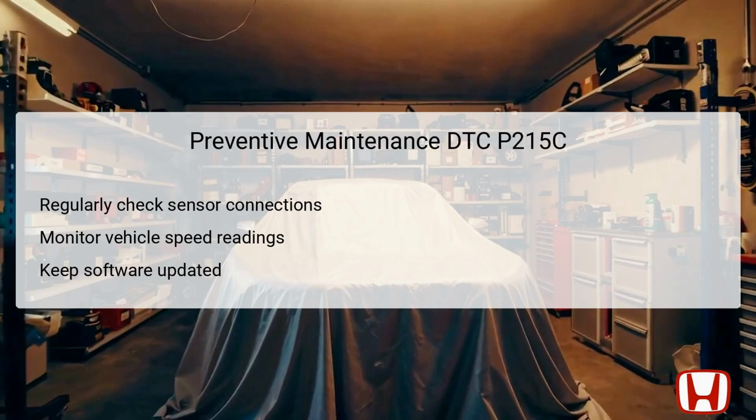Additionally, ensuring regular software updates for the engine control module, ECM, can improve the system's overall efficiency and responsiveness. Properly diagnosing and maintaining the VSA system is equally part of good preventive practice. Drivers and technicians should be vigilant in observing any irregularities in vehicle performance, as these can often be indicators of underlying issues that need rectification.